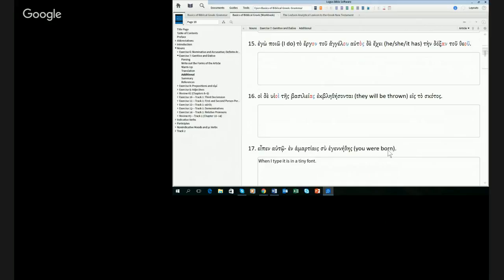To, neuter singular article, could be nominative, but it's the direct object of eis. So it's not going to be nominative, it's going to be accusative. And skotos means darkness. This is not, contrary to its appearance, a second declension noun, even though it has omicron there. It's actually a third declension noun, and you don't need to worry about it for now.